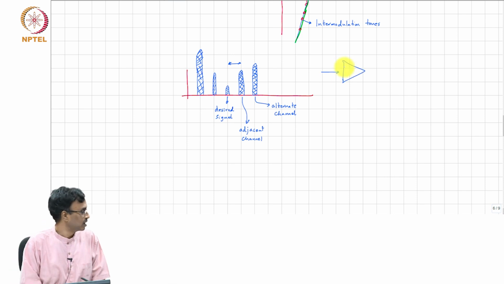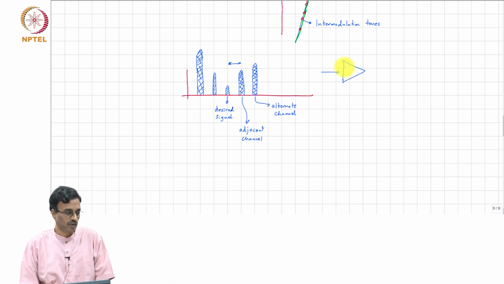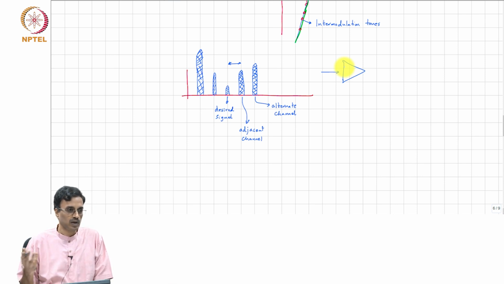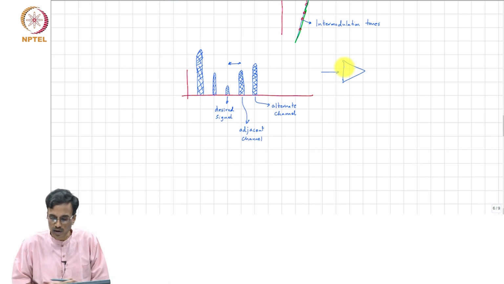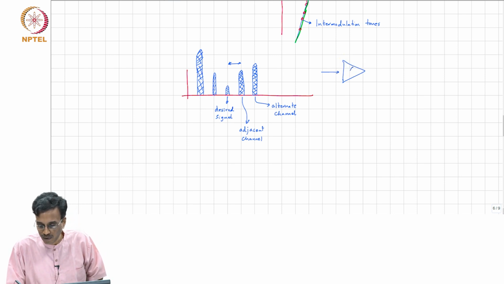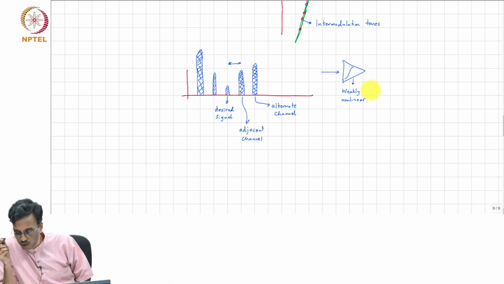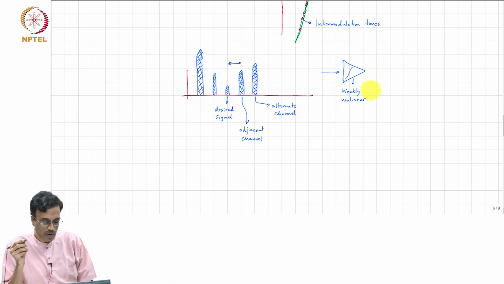We have already seen why you need a front end amplifier: the input signal is so small that it has to be amplified before the next stage can make sense of it. Of course, this amplifier is made with active elements, and therefore it is at best weakly nonlinear. Now, due to third order nonlinearity, what do you think can happen?